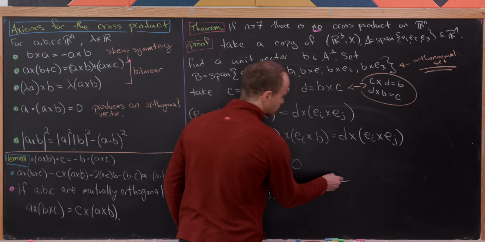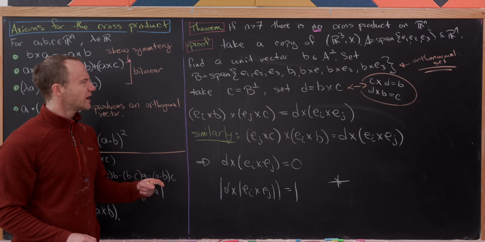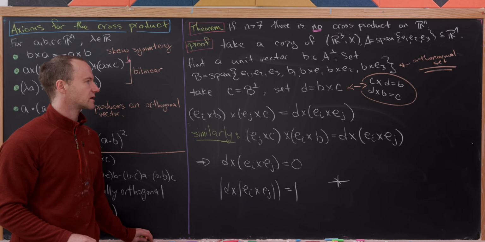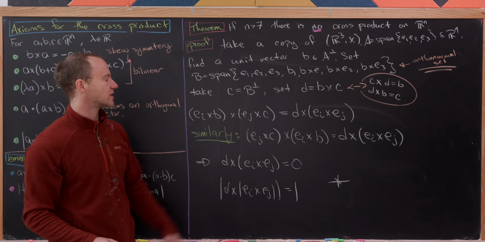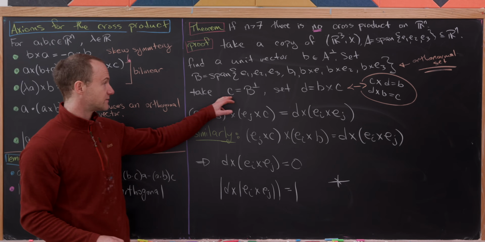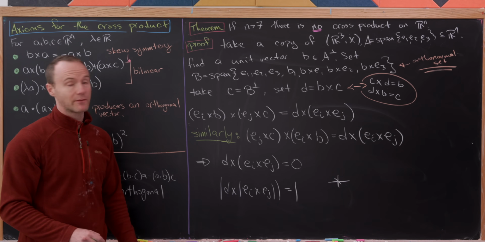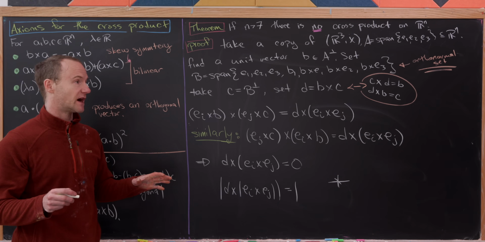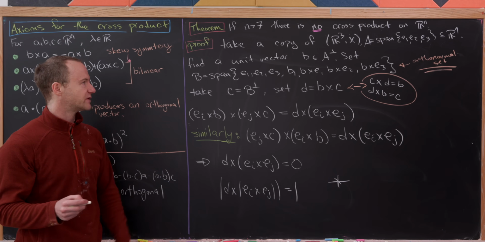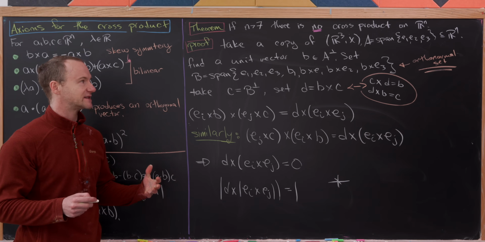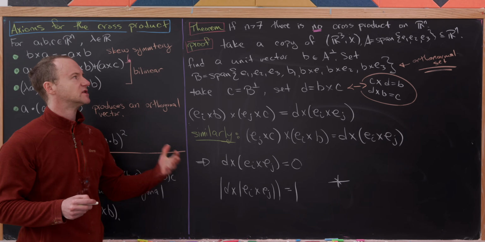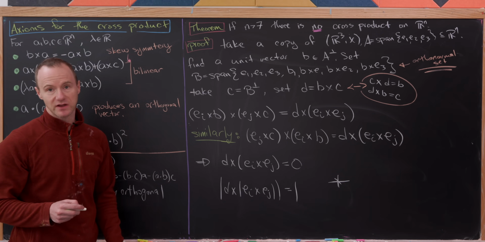But that's our contradiction. But what did we really contradict here? Well, we contradicted this ability right here to take some sort of C from B complement. That shouldn't have been possible. In other words, B complement should not have existed. But the only way that B complement existed was the fact that n was strictly bigger than 7.